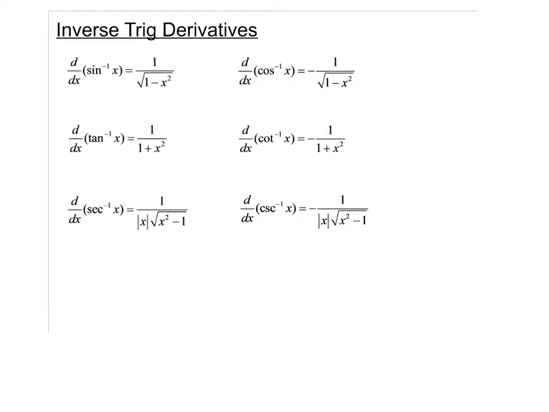Derivative of inverse tangent is 1 over 1 plus x squared. Then derivative of inverse secant is the one that's a real pain. It's 1 over the absolute value of x times the square root of x squared minus 1. The co's are all the negatives of these. So inverse cosine derivative is the negative of the derivative of inverse sine, and so on.